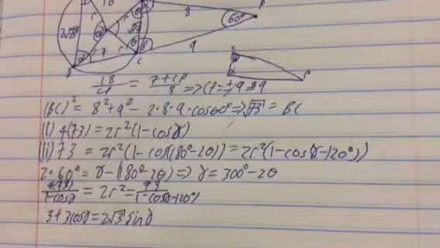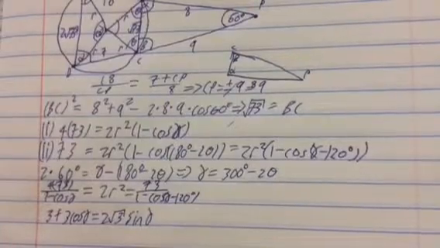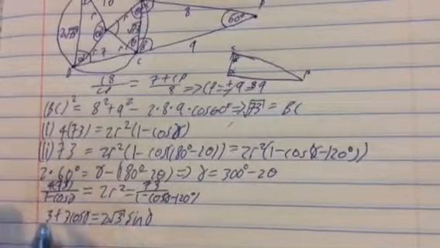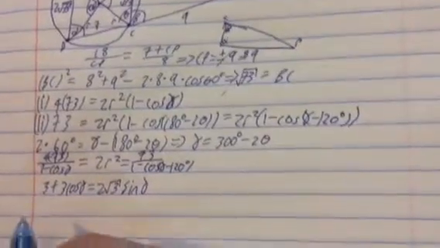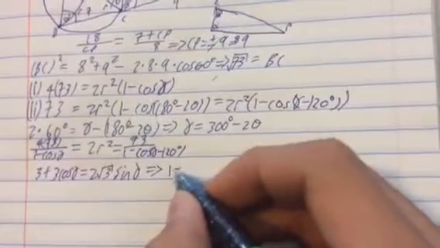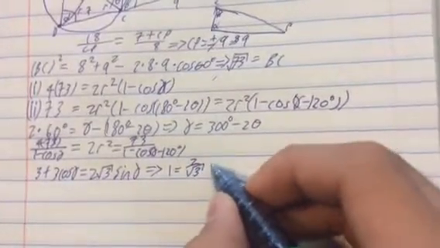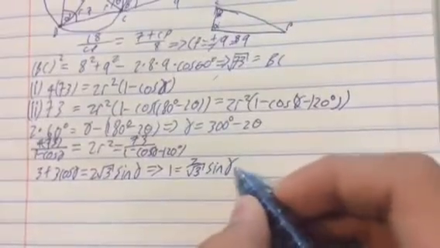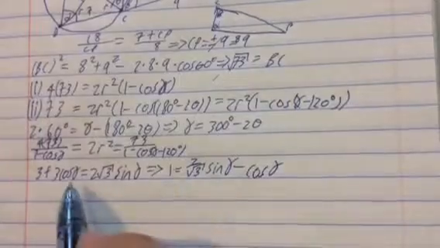So, then from there, what we're going to do is think. First, let's try to get all the trigonometric functions on one side. This will lead to 1 is equal to 2 on root 3 sine gamma minus cos of gamma. That's just a little simple arithmetic from here to here.